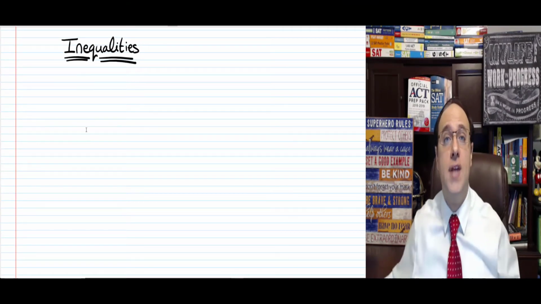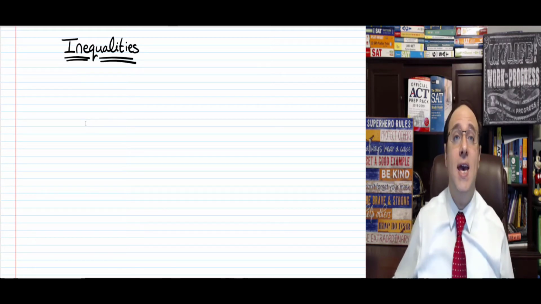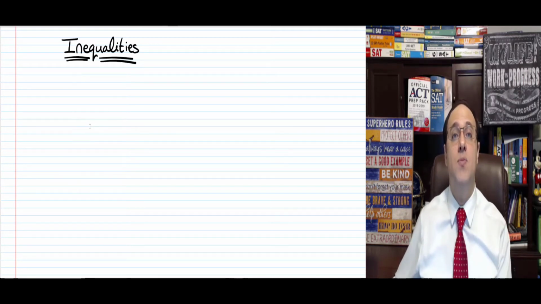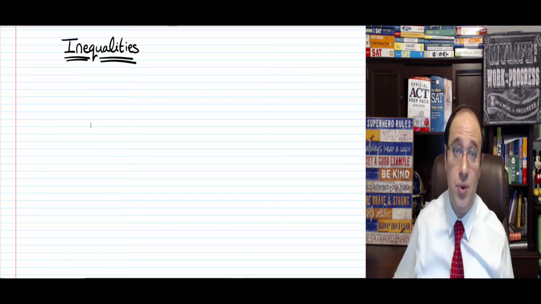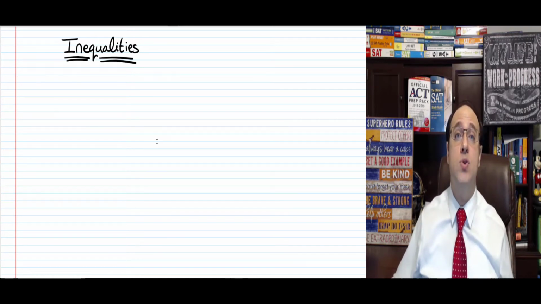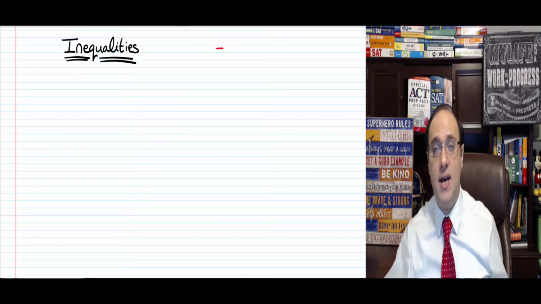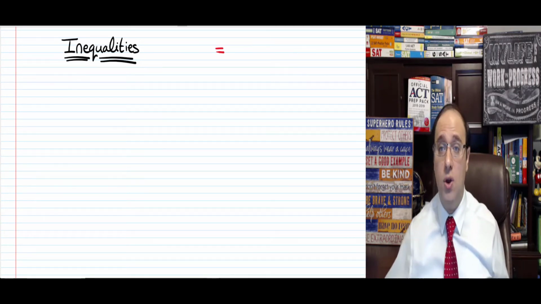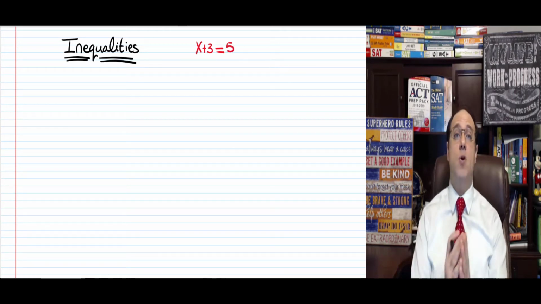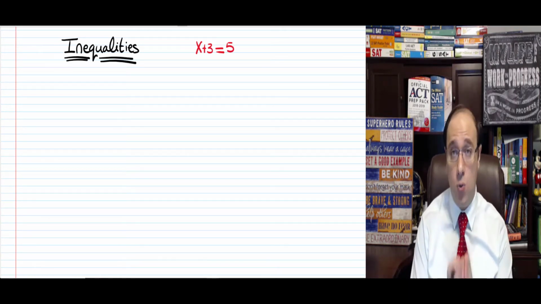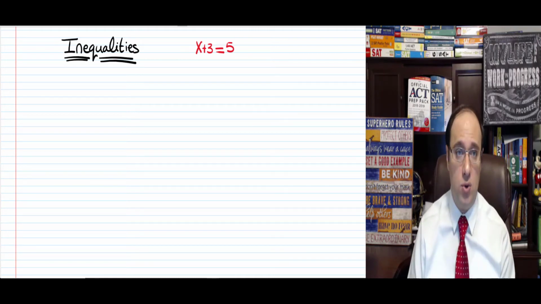First of all, just as the name suggests, inequality means not equal. Remember when we learned how to solve equations, we said that an equation is something that has an equal sign. So if I have x plus 3 equals 5, for example, this is called an equation because it has an equal sign.